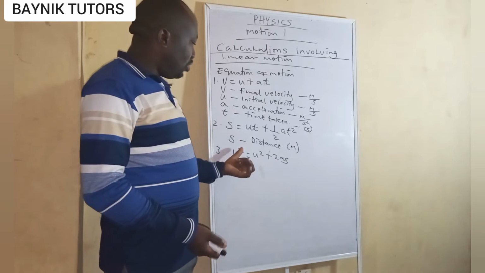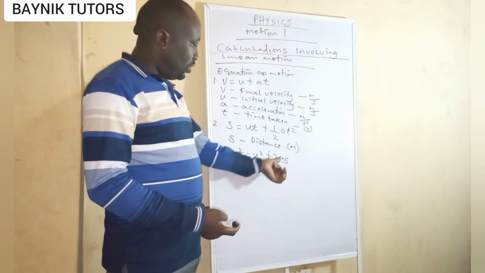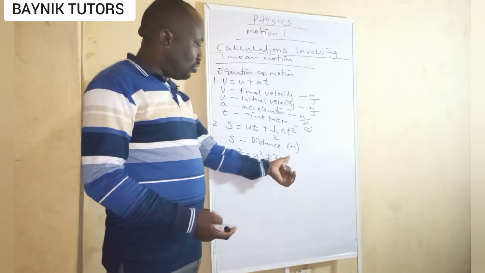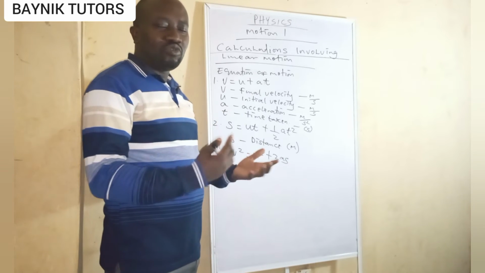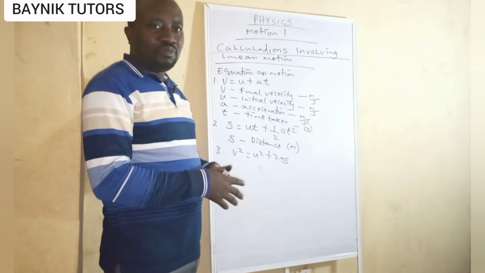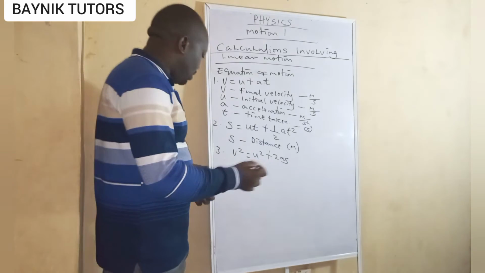But imagine you are not given time. You are given final velocity, initial velocity, and acceleration, and told to find distance. You apply this one, and time is not involved. That is how you identify them. They are very simple, and you need them for your journey in physics.